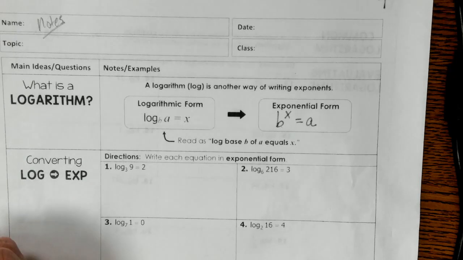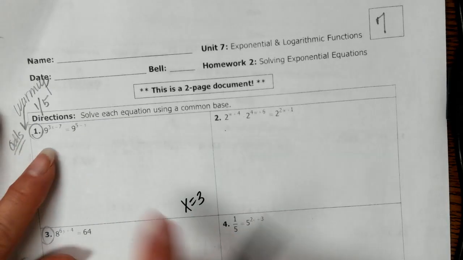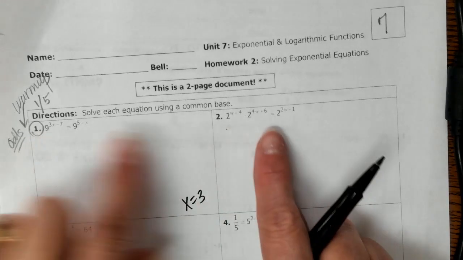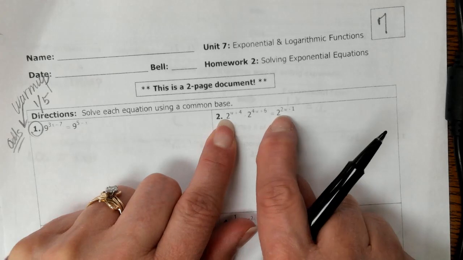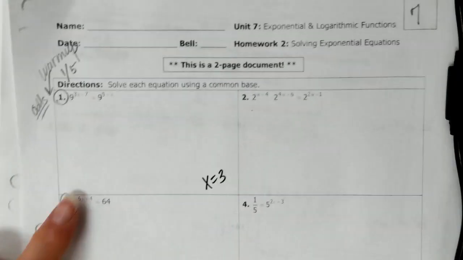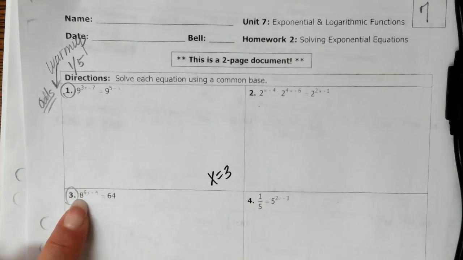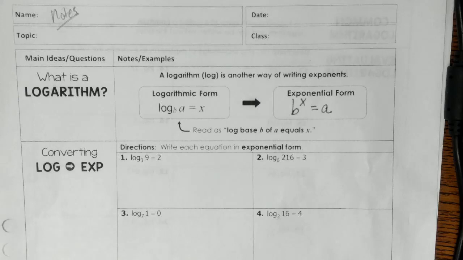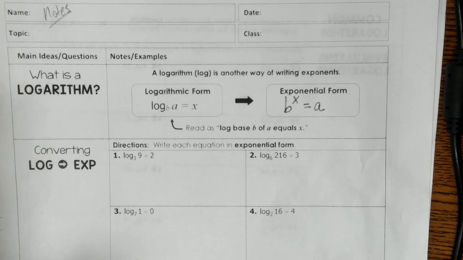problems, let me flash back for a minute. In these problems over here, the 9s were the base, and over here the 2s were the base. Right here, the 8 is the base. The number that has the exponent is the base, right? Well, same thing applies right here.